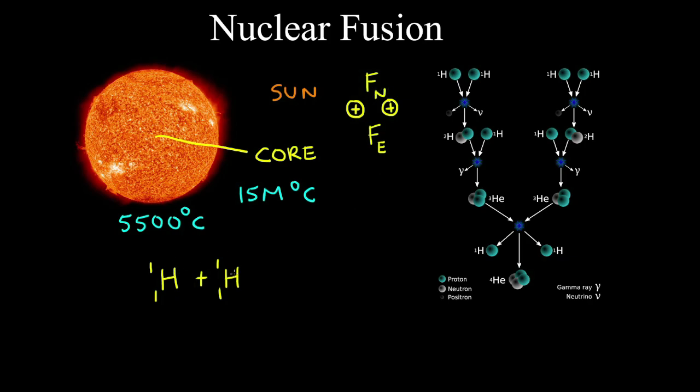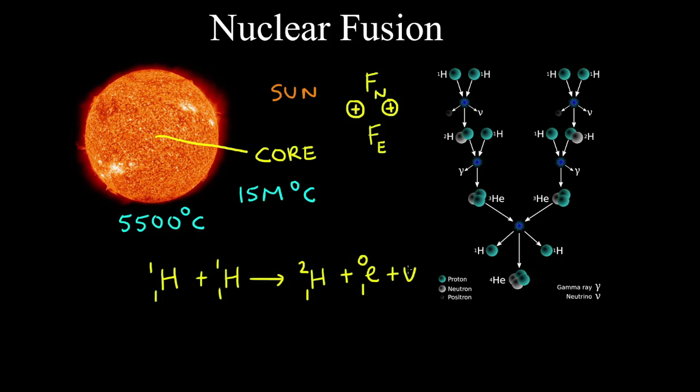So when two protium nuclei fuse together, a deuterium is formed, which has a neutron, and essentially one of the protons decays into a positron, which has the same properties as an electron but a positive charge, and also a neutrino.